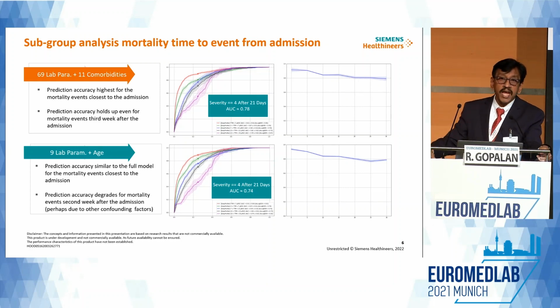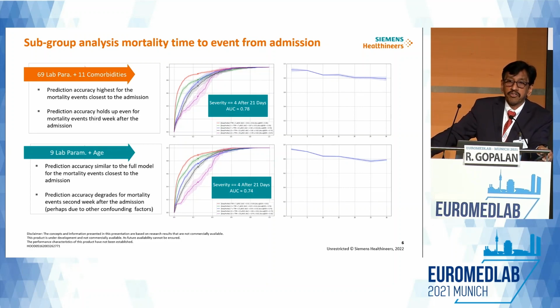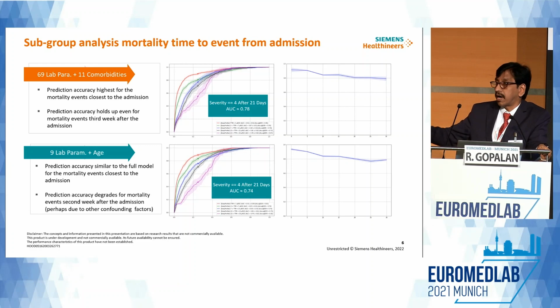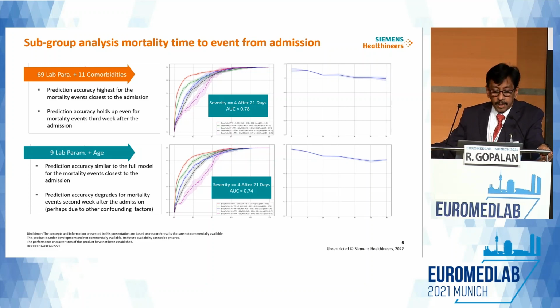So even with 9 parameters, we were able to get an accuracy of 0.74, which is pretty good because we had this available as an evaluation-use-only tool on the web, so that a physician or nurse will be able to enter the data into that interface and get a response back.